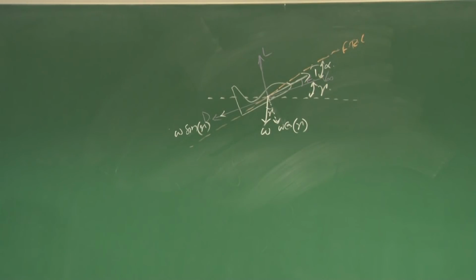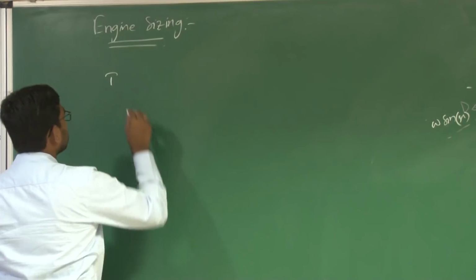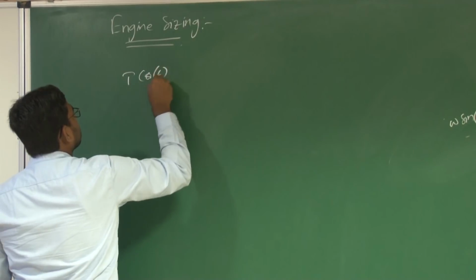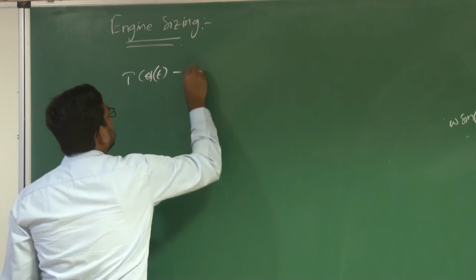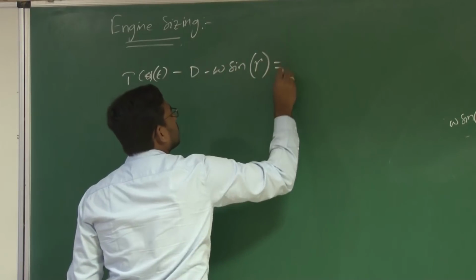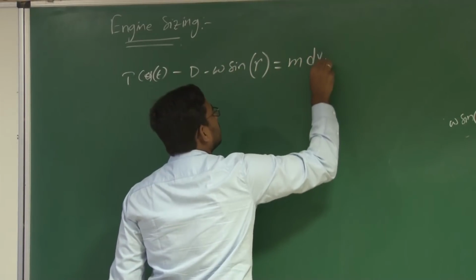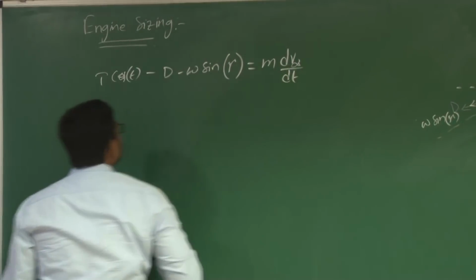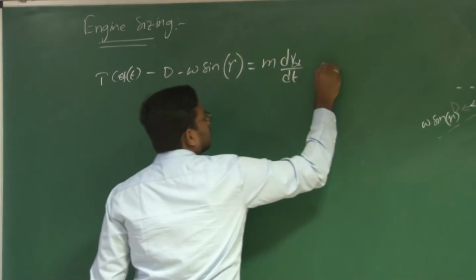Now, what we derived are the equations of motion along and perpendicular to the flight path, which are T cos epsilon minus D minus W sin gamma is equal to m dV by dt, right. This is our G1.